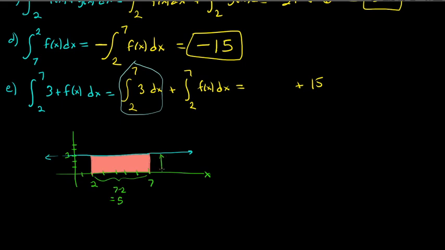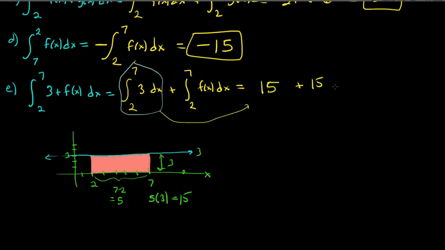And the height of the rectangle is just, well, this goes from 0 to 3. So 3. So length times height is 5 times 3. So that's also 15. So this first one here is also 15.